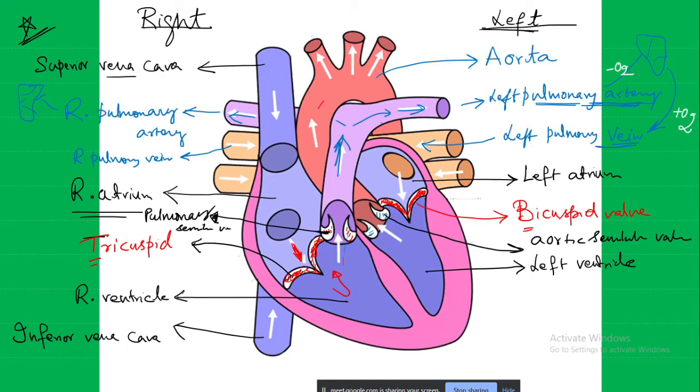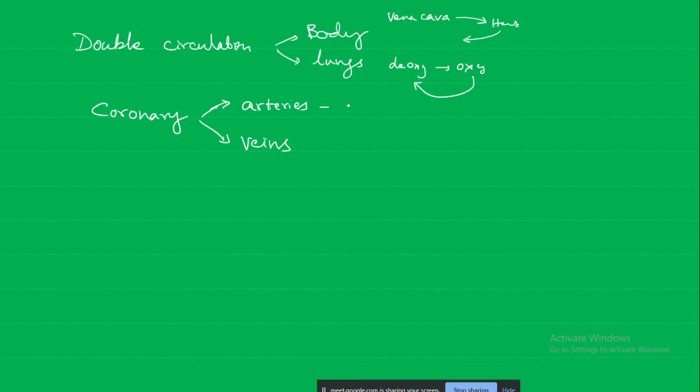You see, these three vessels are coming out and going to different parts of the body. There is a fourth one also, behind, that goes back to the heart walls, the muscles of the heart. So what is going to happen from the aorta?